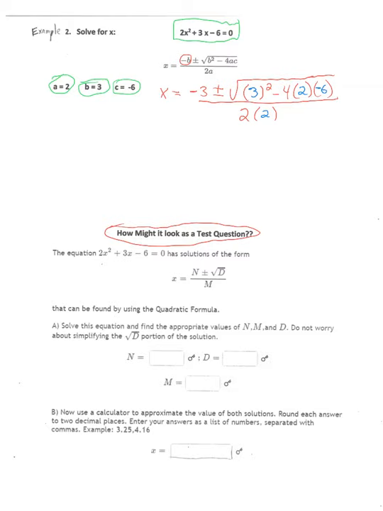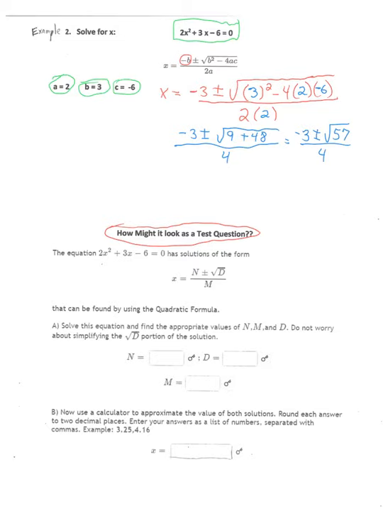Negative 3 plus or minus the square root of, that's a 9, and the double negative multiplication is plus 48, over 2 times 2, which is 4 on the bottom. Okay, so let's see what we get here. We get negative 3 plus or minus the square root of 57, over 4.